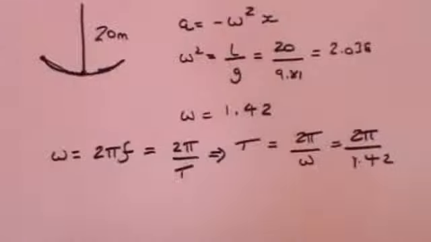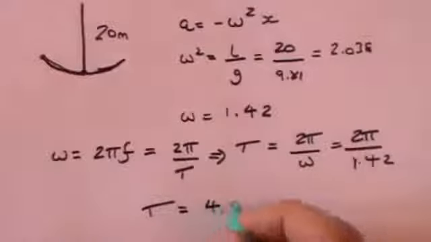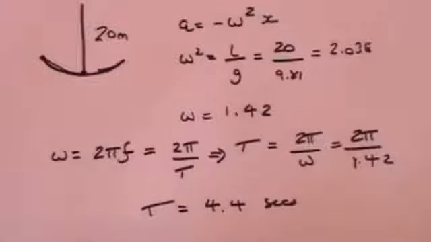And that will give you that T is equal to 4.4 seconds. So it takes 4.4 seconds for the pendulum to do one complete swing back and forth, one complete cycle.